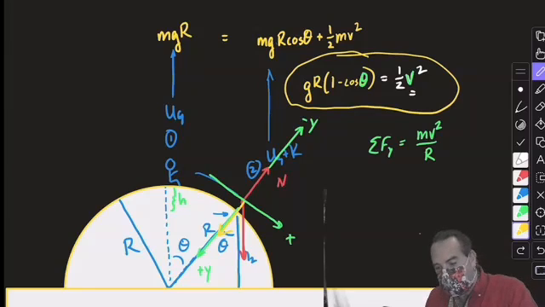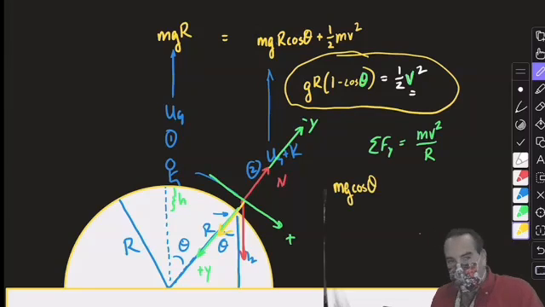I'm seeing that there's going to be an mg cosine theta acting. Just like an incline, it's the amount of the force that's towards the center. But this would be the one that's into the ramp. I'm making that positive. Towards the center of the circle has to be positive. And there's probably a normal force pushing away from the circle. Why? It's a surface.